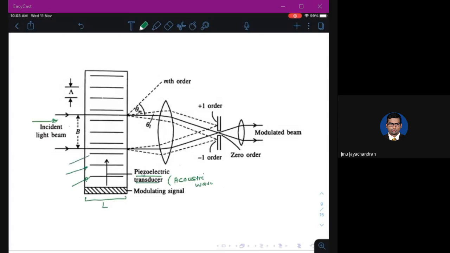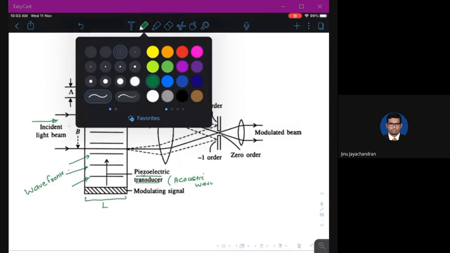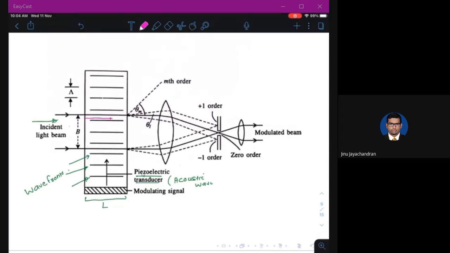Because of these wave fronts, there will be a change in refractive index. So as the incident beam travels through this material, it will get diffracted in multiple ways because of the Raman-Nath diffraction. If there are multiple beams, they will all get diffracted, and each has an order.